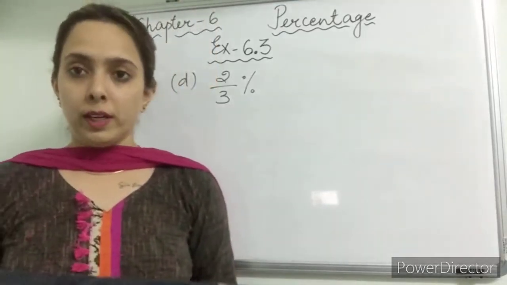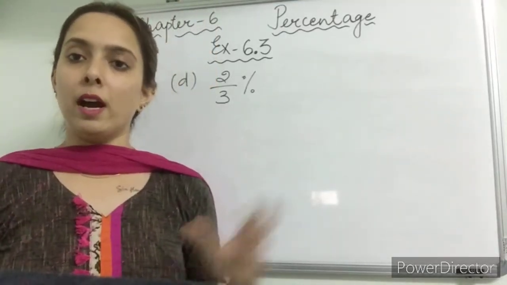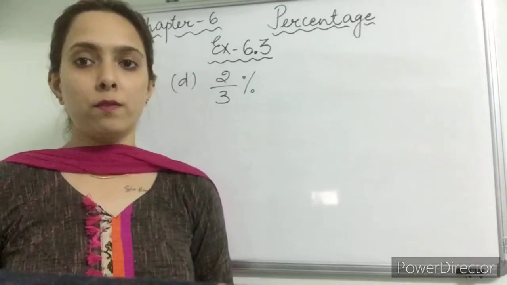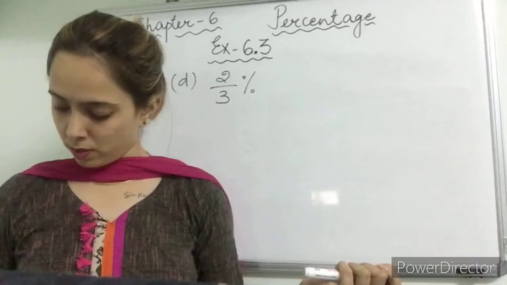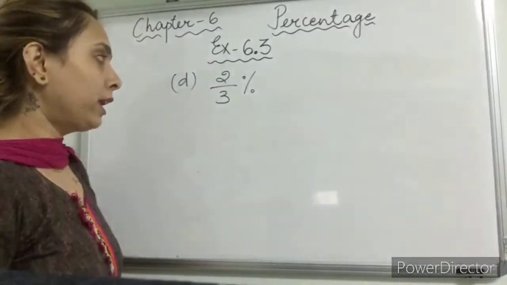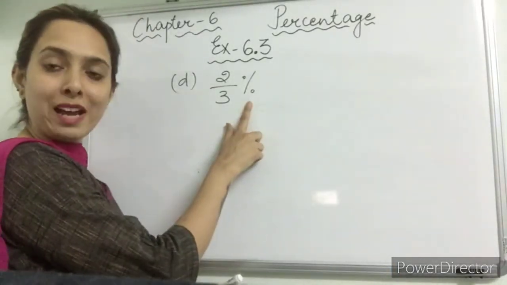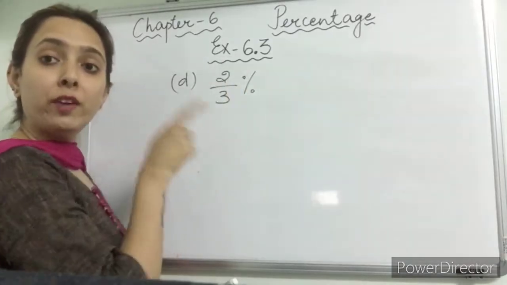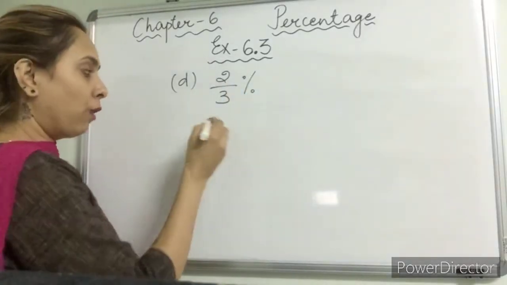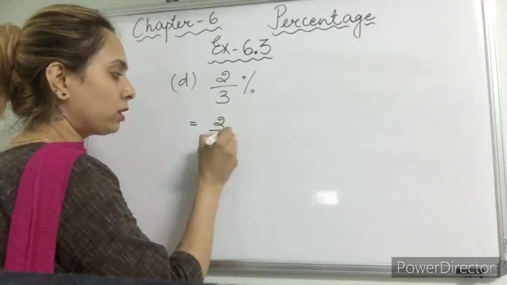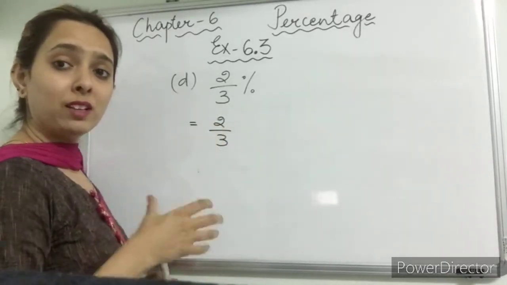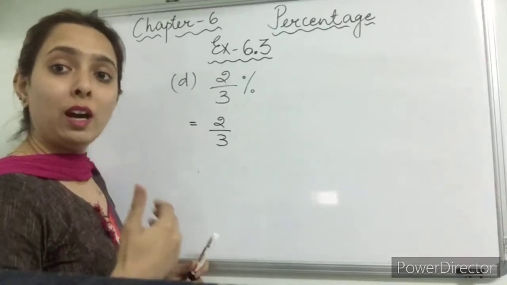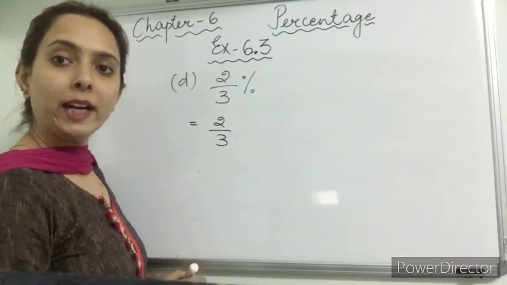2 upon 3 percent. I have to convert it into fraction. So let's start doing it. Again, this percent sign will be removed and this fraction will be divided by 100. So how will we write? 2 upon 3. Okay, this is a fraction. When the fraction is given to us, we have a different way of writing divided by 100.